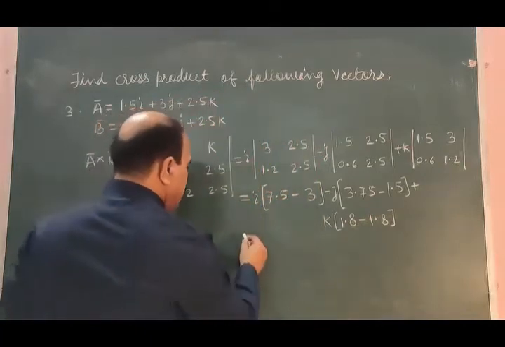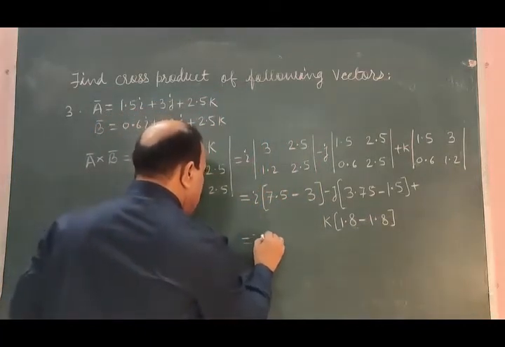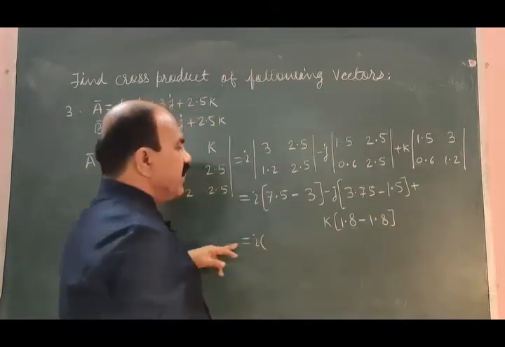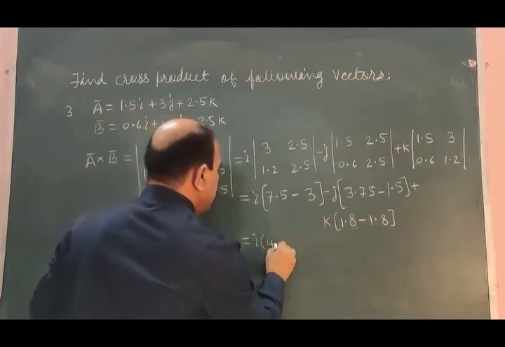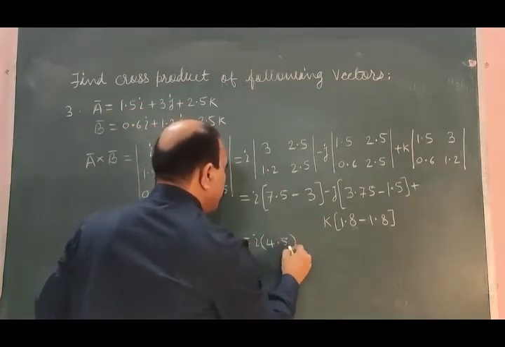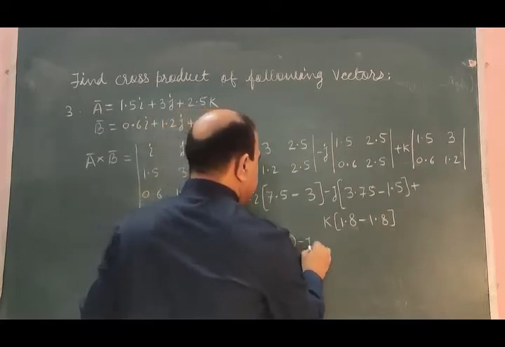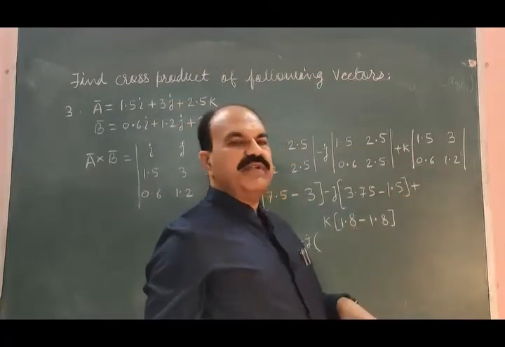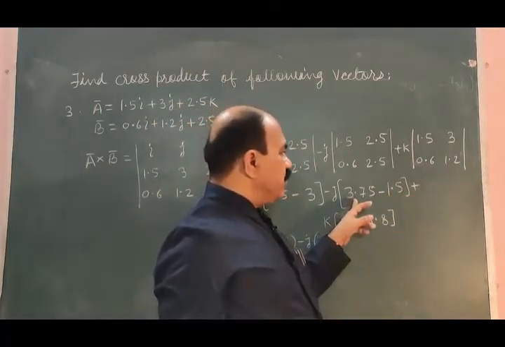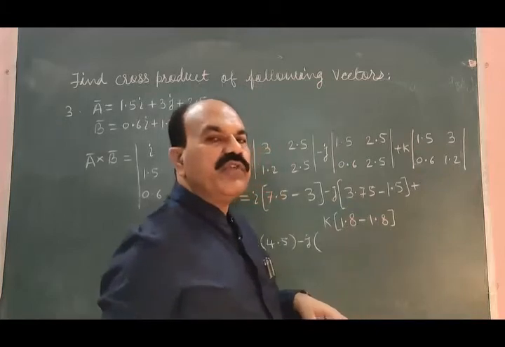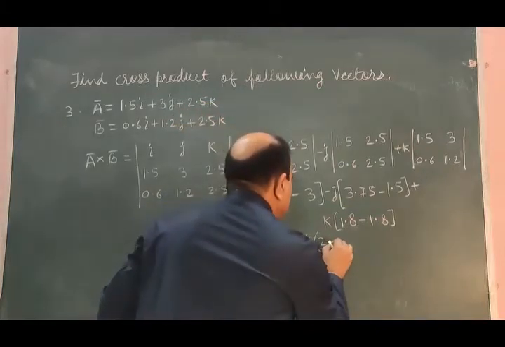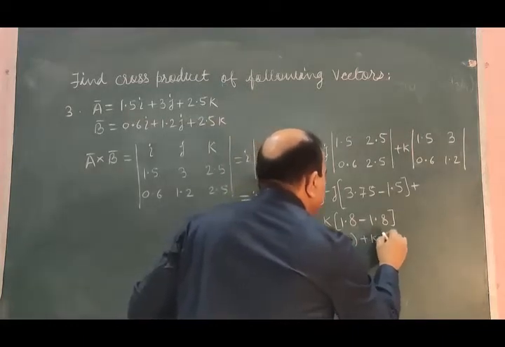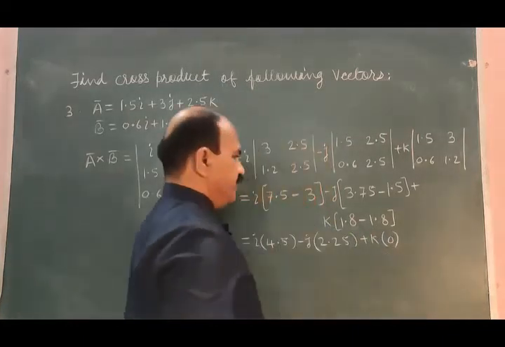Now this is equal to i into 7.5 minus 3, 4.5, minus 3.75 minus 1.5, 2.25, plus k into 0.